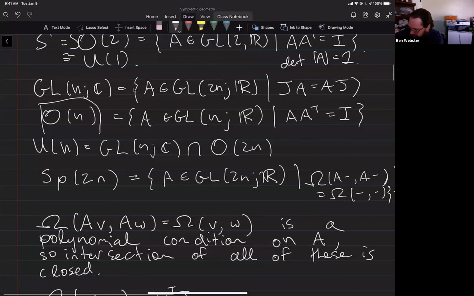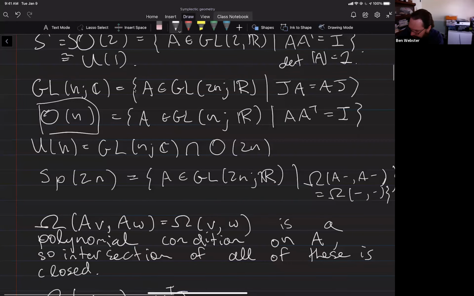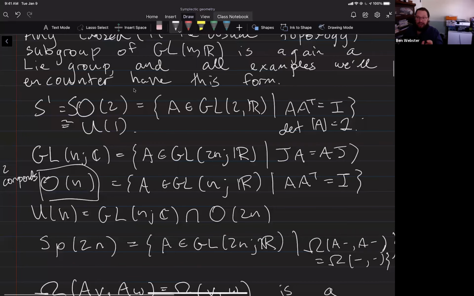O(n) is not; it has 2 components, which are, of course, the matrices with determinant 1 and determinant -1, or orientation preserving and orientation reversing. Similarly, GL_n(R) is not connected because it has one component where the determinant is positive and one component where the determinant is negative. On the other hand, GL_n(C) is connected.